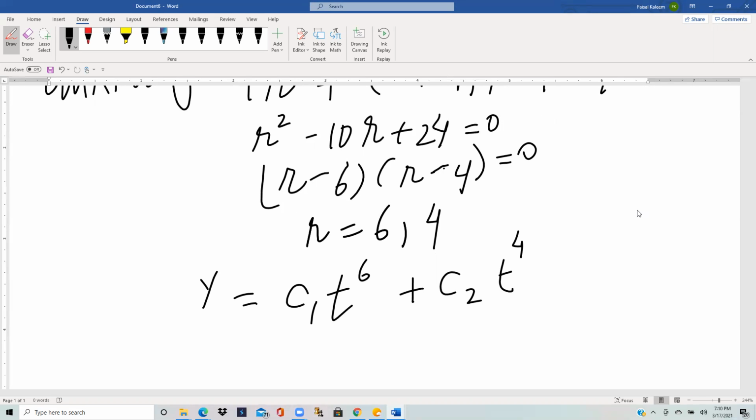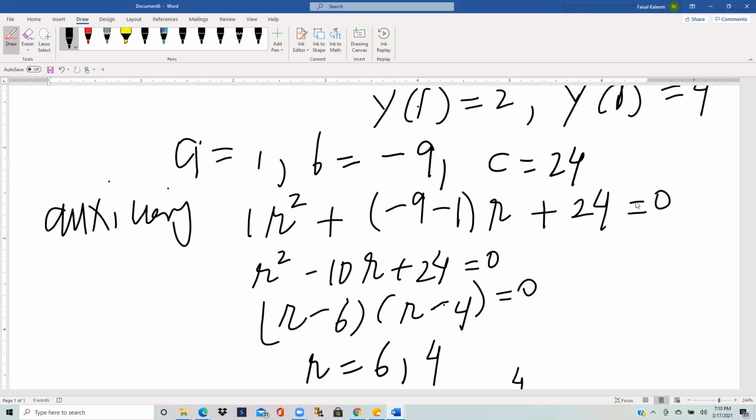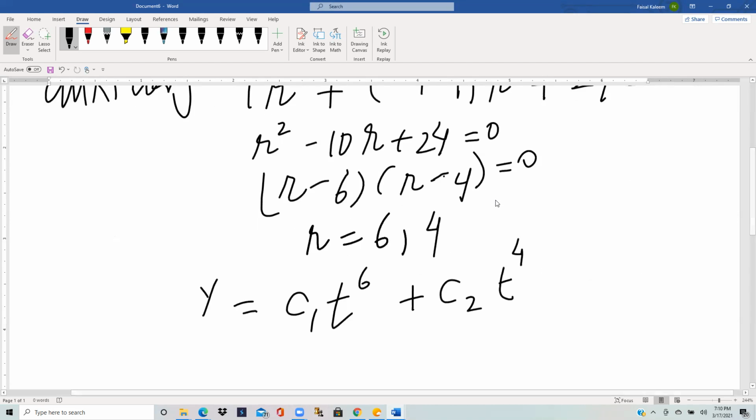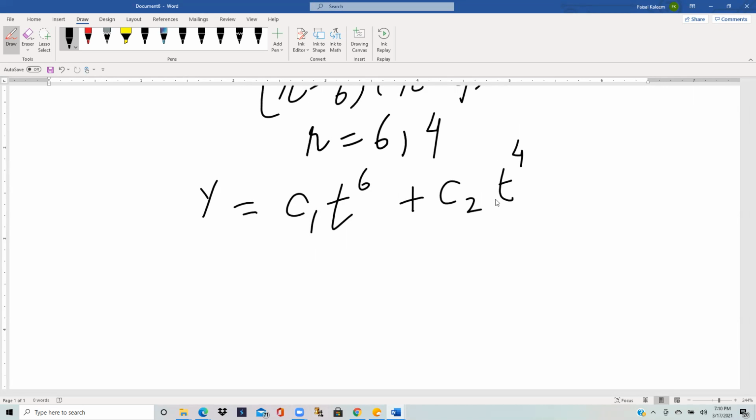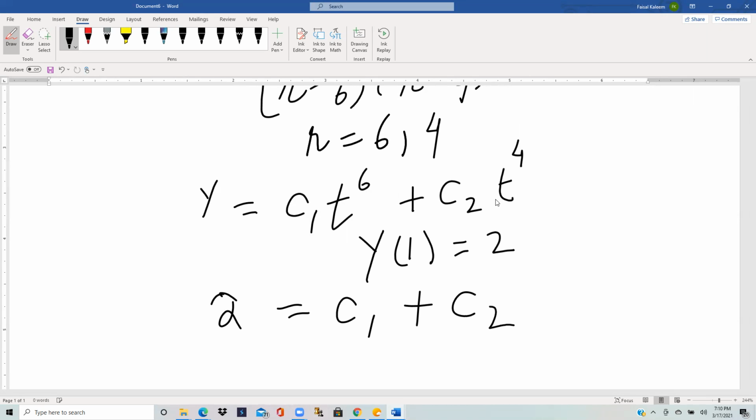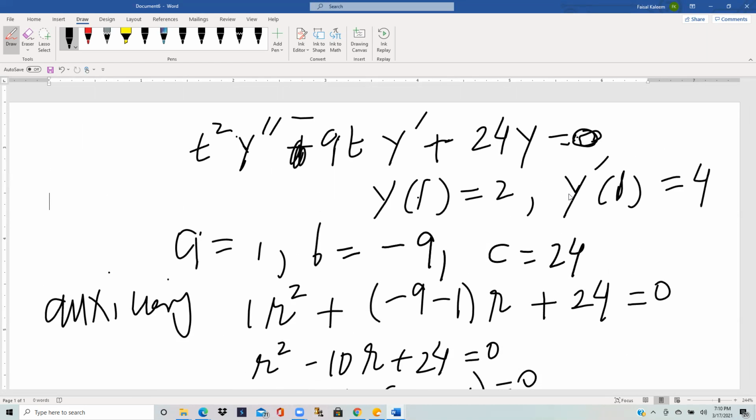But now we have initial conditions, so we can find c1 and c2. So y(1) is 2. That means 2 goes for y and 1 goes for t. So 1 to the 6 is 1 and 1 to the 4 is 1. So that's one of the equations we get: c1 + c2 = 2. The second equation involves the derivative y'(1).